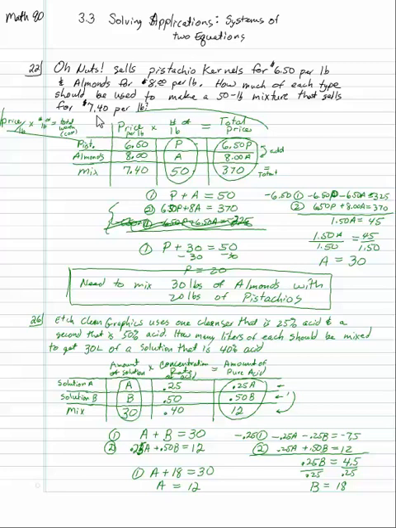We need to mix 12 liters of the 25% solution with 18 liters of the 50% acid solution. You get a mixture that's 40%, 30 liters of a mixture that's 40% acid.